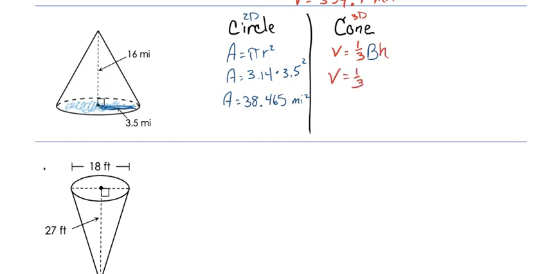Volume equals 1/3 of, well, the capital B stands for the area of the base. So times 38.465, I'm going to use all those numbers. Times my height. Now the height is the height of the cone. How tall is the actual cone? And the actual cone is 16.